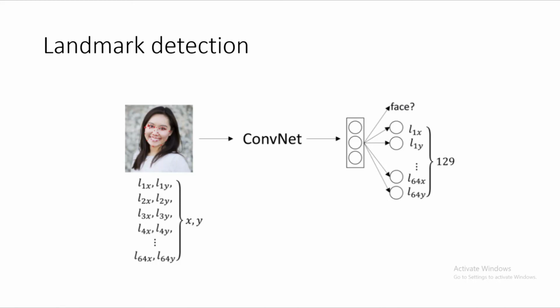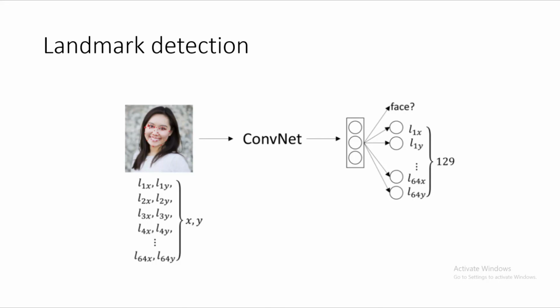And if it's 1, then there will be 64 landmarks, times 2, which is 128, plus 1 output units. This tells us whether there is a face or not, and where all the landmarks are on the face.